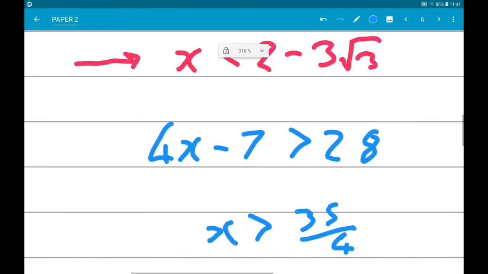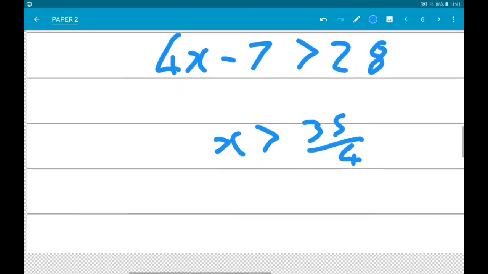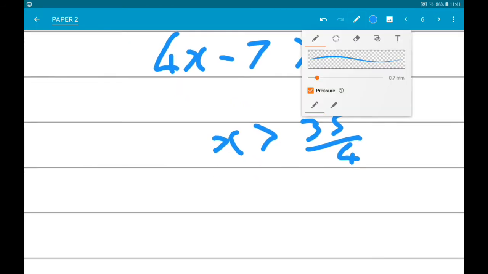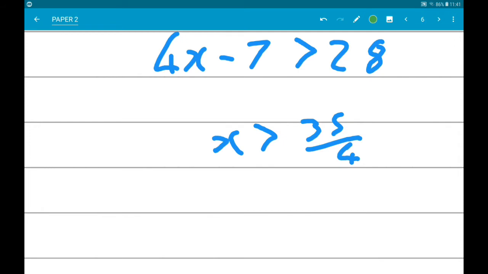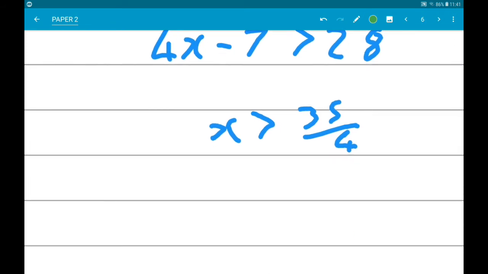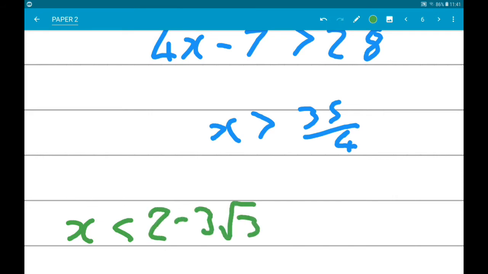So, our two answers are that x is less than 2 minus 3 root 3, or x is greater than 35 quarters.